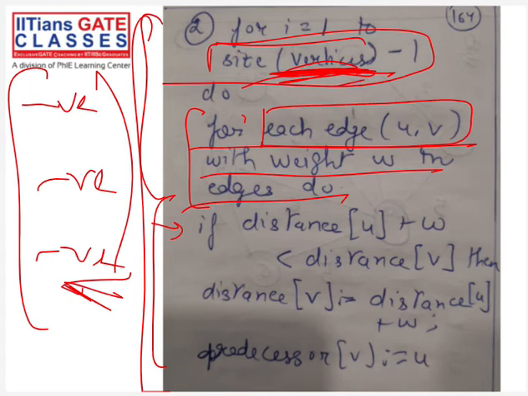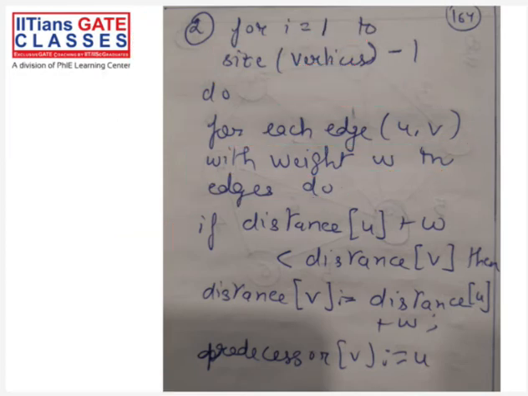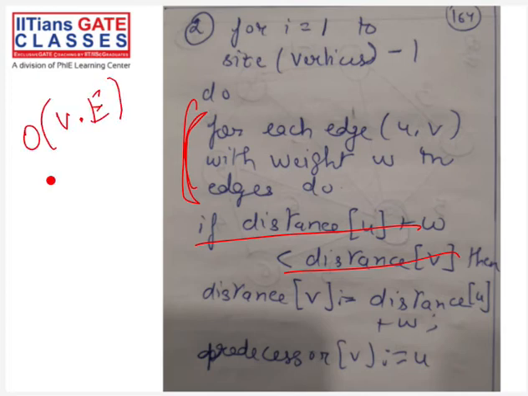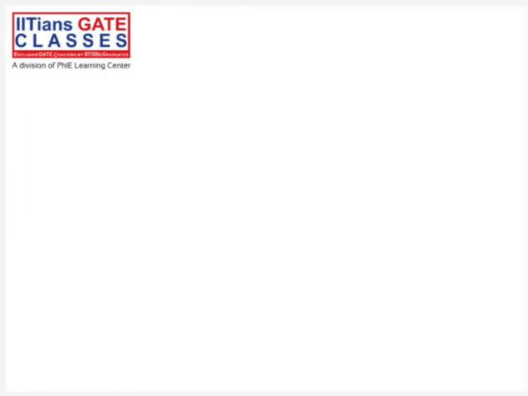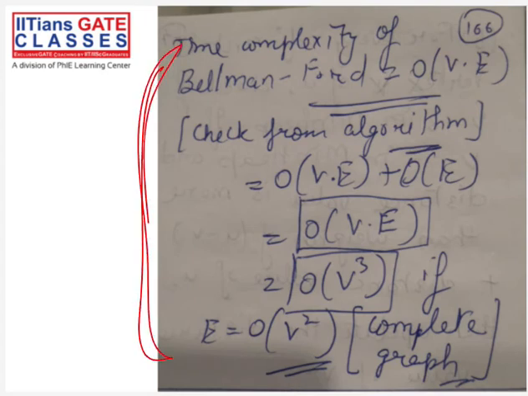It is not that. Every time you have one vertex, and every time you're running for all the edges. Is this clear to everyone? So that's why the time complexity here becomes V into E, or worst case it will be V cube. Is this clear to all of you? Yes or no? The time complexity. So this becomes order of V cube in a complete graph.